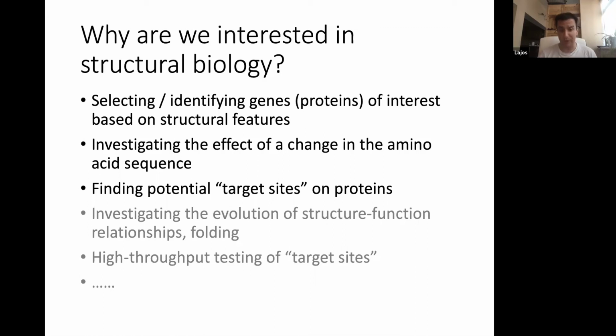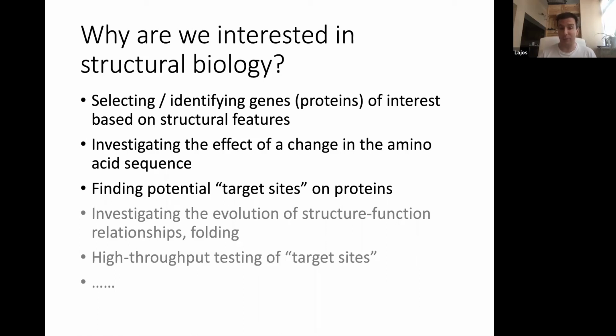The third one, which I think should be relevant for you, is if you want to find potential target sites on proteins. Target site can mean two things, I think, especially in our world. One is if you're looking for epitopes.